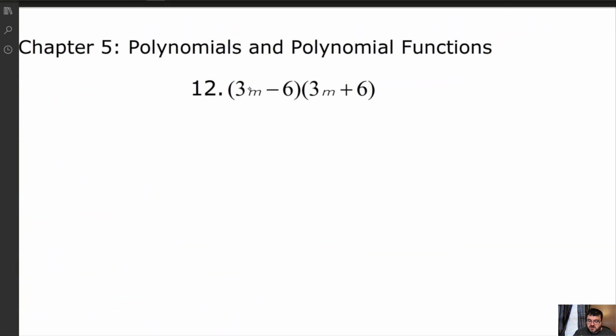So in this one right here, I'm going to take this 3m that's right here, multiply it by 3m, multiply it by 6. Then I'm going to take this minus 6, multiply it by 3m and positive 6 as well.